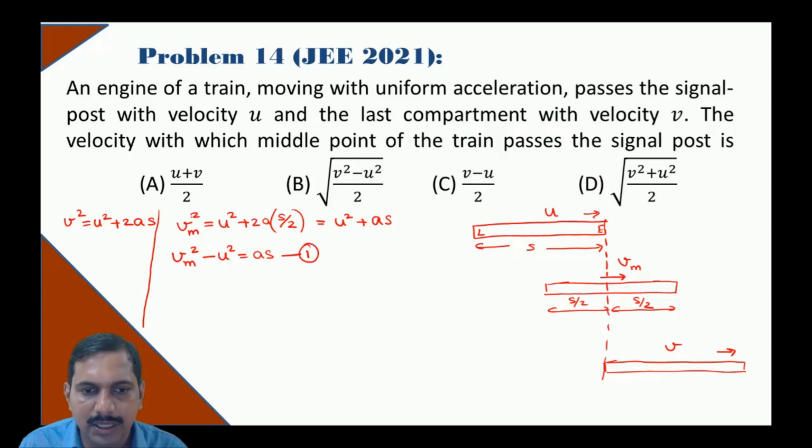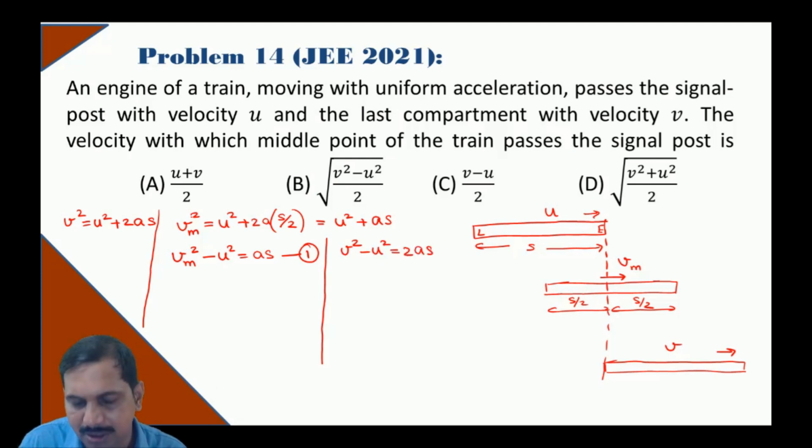Second one, let us look at the second equation. Let us start from the initial position to the final position. That would be v square minus u square equal to 2a into s, because the whole train would be moving through this, from the first time frame to the third time frame, it would have moved by s.